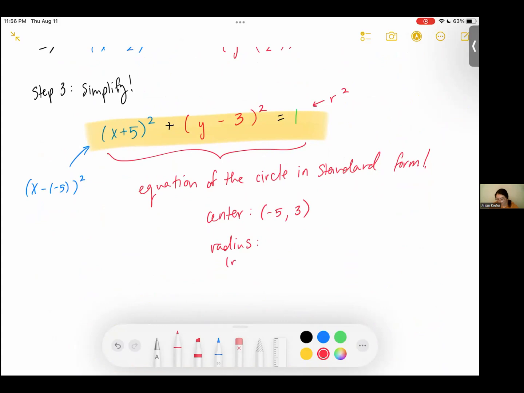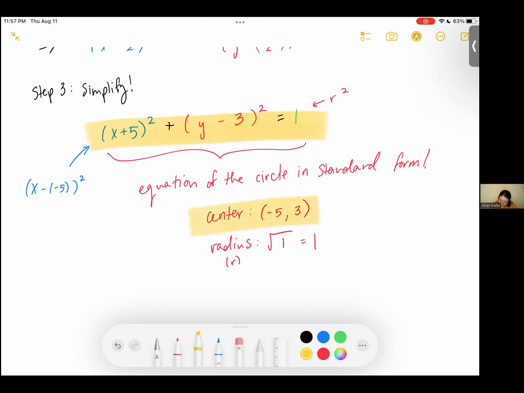The radius is just r, so we take the square root of that number. So that final number was 1. We're taking the square root of 1, which just so happens to be 1. If we said this equation was equal to 4 instead, we would take the square root of 4. The radius would then be 2. So we see that that's kind of how that works out.